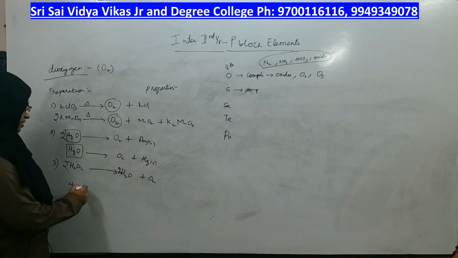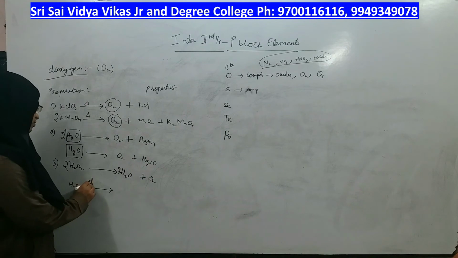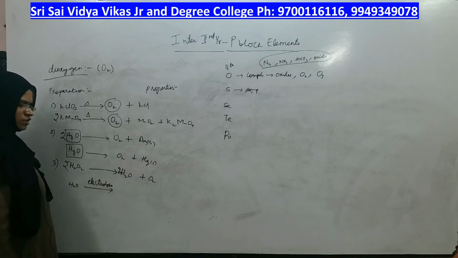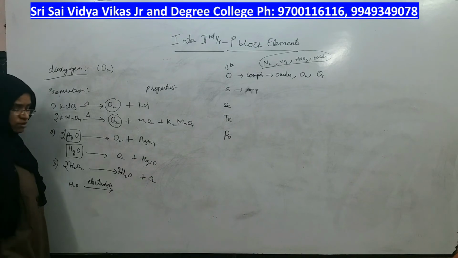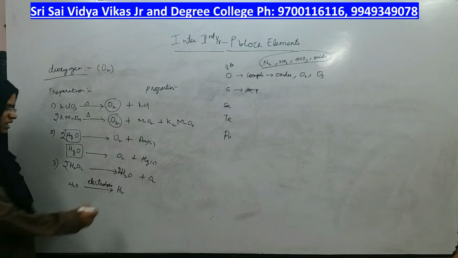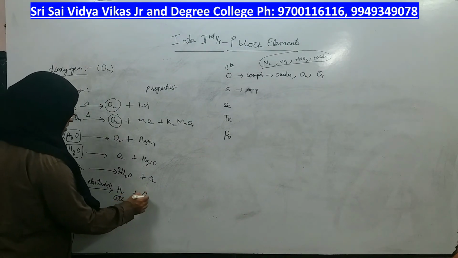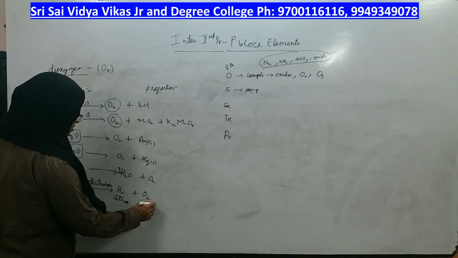What is the next preparation? Normal water. If you do electrolysis of normal water, you get hydrogen gas at the cathode and oxygen gas at the anode.